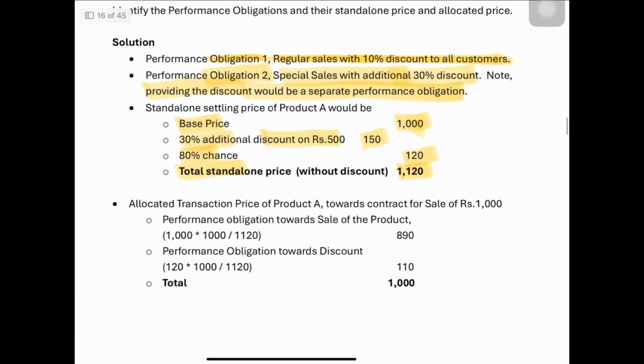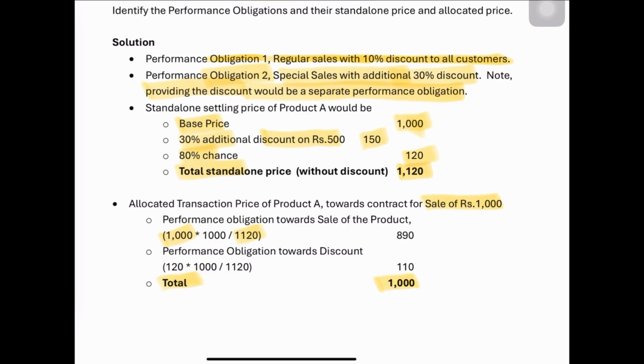Now let's see how to allocate the transaction price of product A towards the contract of sale of rupees 1000. Here the total contract of sale is 1000, but this 1000 includes the discount. So the standalone price is 1120 for a net sale price of 1000.